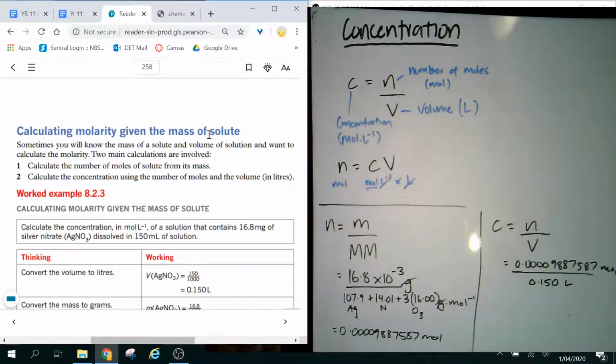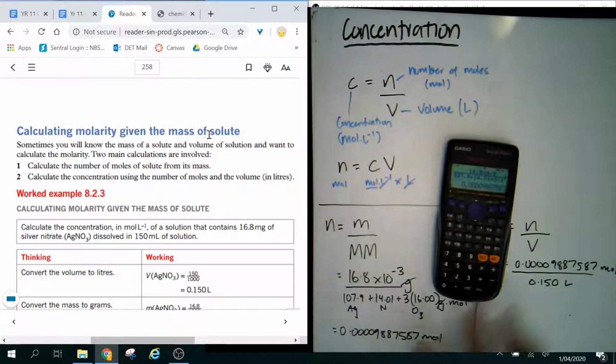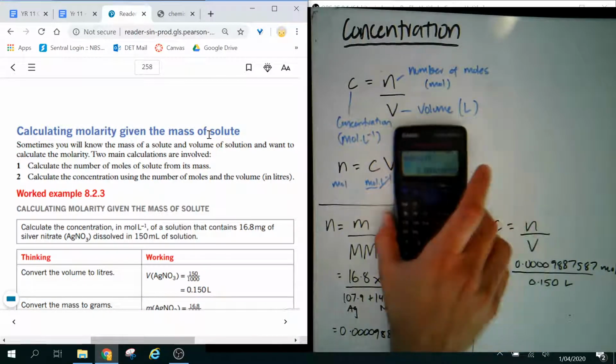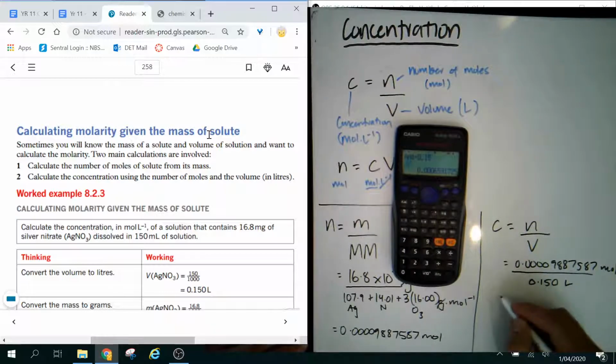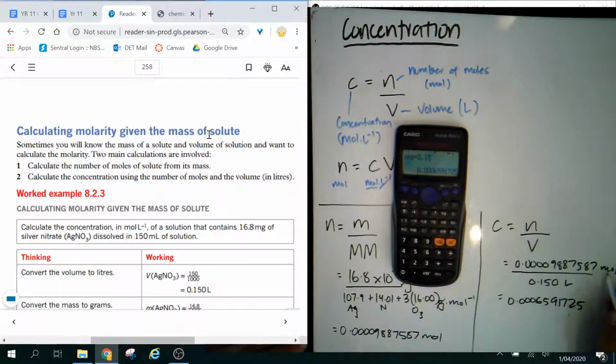I'm going to leave my calculator exactly how it was, and divide that now by 0.15. There's my answer. I get 0.00065911725 moles per liter.